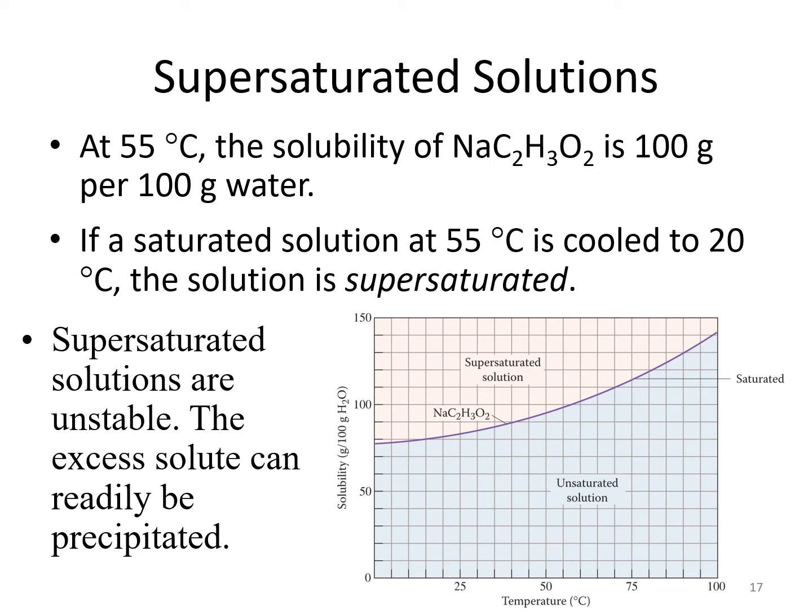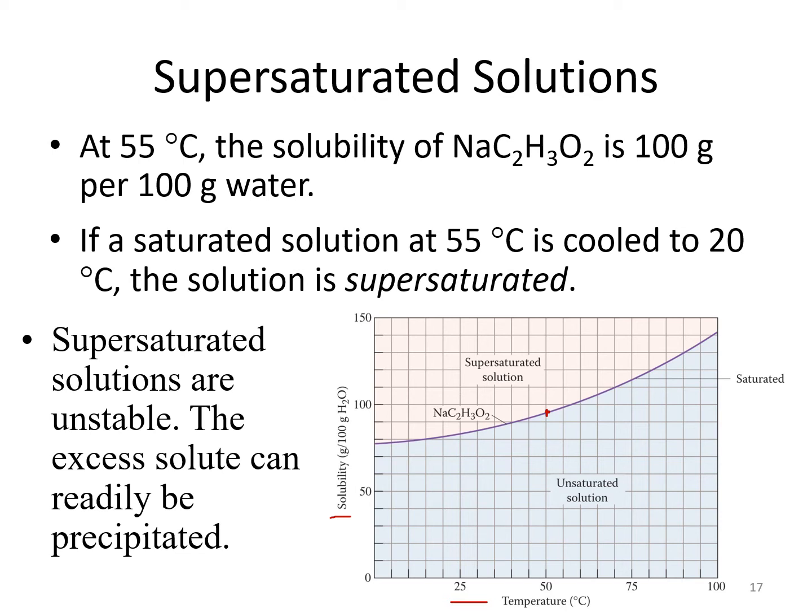So here is an example of another solubility graph. We have temperature on the x-axis, we have solubility on the y-axis, and we can follow this purple line, and that'll tell us, for example, let's say, right here, at 50 degrees Celsius, what would saturated be?